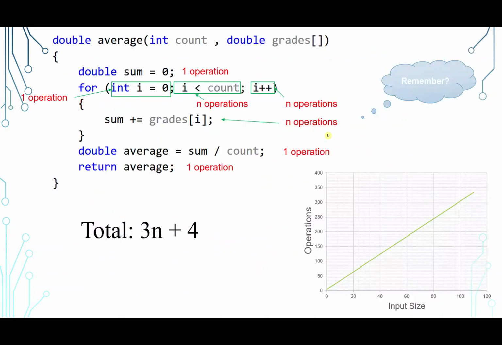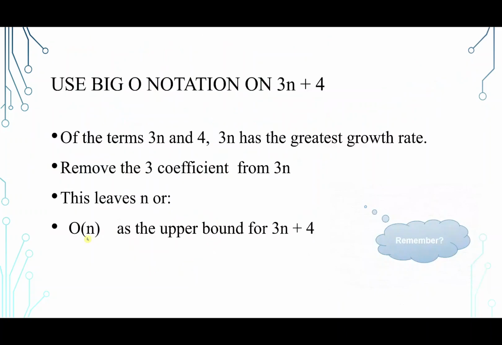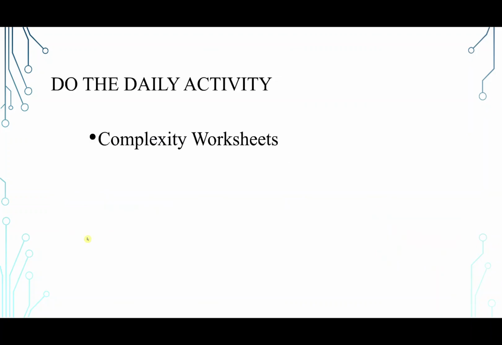We said this is one operation, n operations, because it's checked every round, it's incremented every round, or almost every round. This is executed every round. This is outside the for loop, so it's happening once. This is happening once. So we have this equation and we found the big O notation of that. This is how we did it.